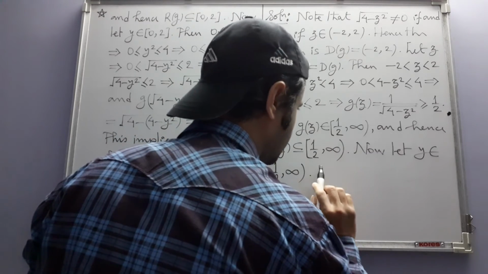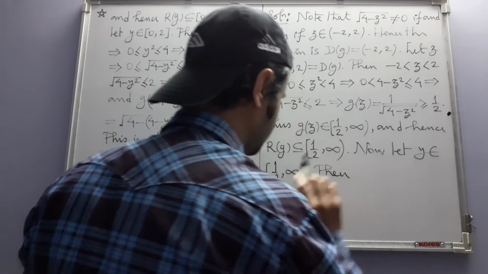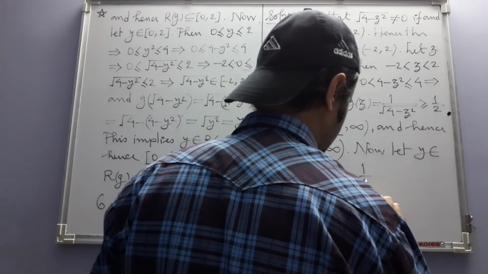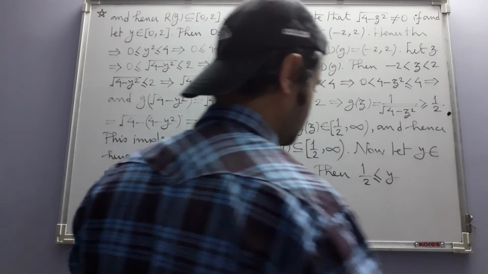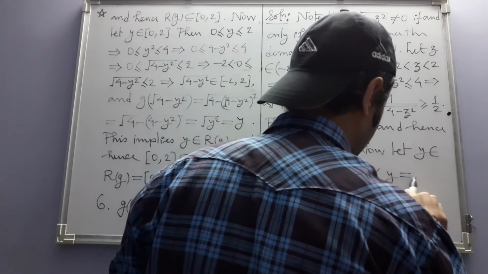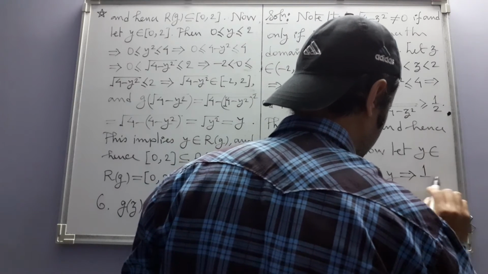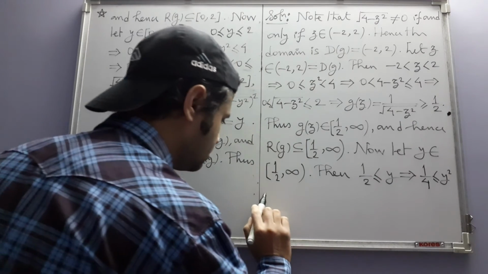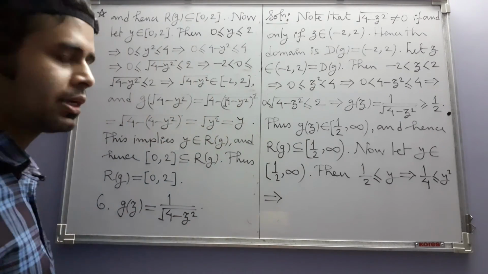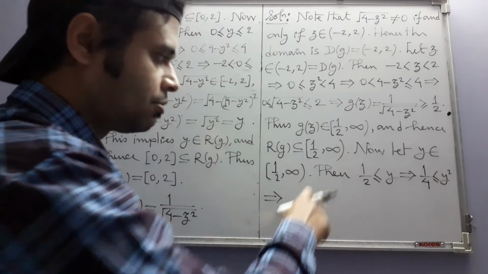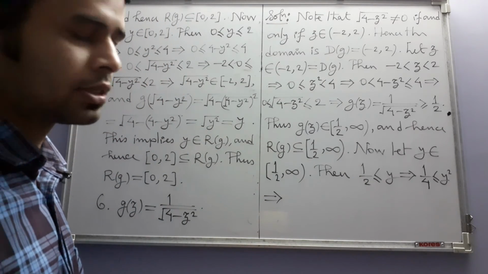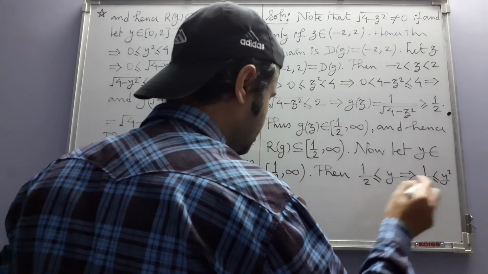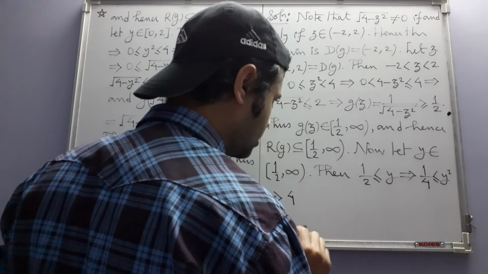Then this implies 1 over 4 is less than or equal to y squared. Here taking square on both sides is not a problem because 1 over 2 is positive and so y is also positive. It's greater than or equal to 1 over 2, and because of that we can now take reciprocal.